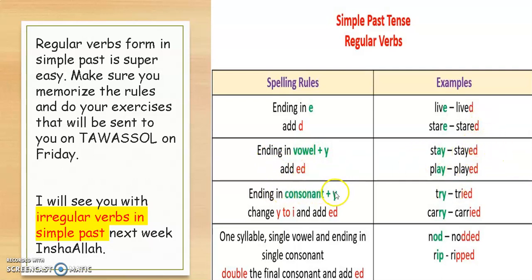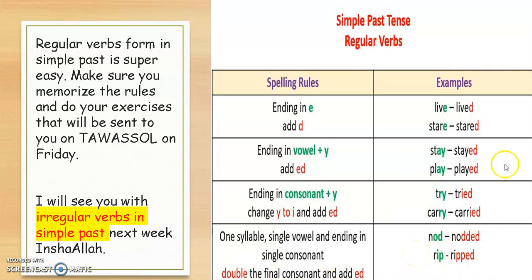Ending in a consonant plus Y, it has to be consonant plus Y, we change Y to I and add ED. Try, tried, carry, carried. And then when we have one syllable, single vowel, and ending in single consonant, we double the final consonant and add ED, like nod, nodded, rip, ripped, stop, stopped, plan, planned.